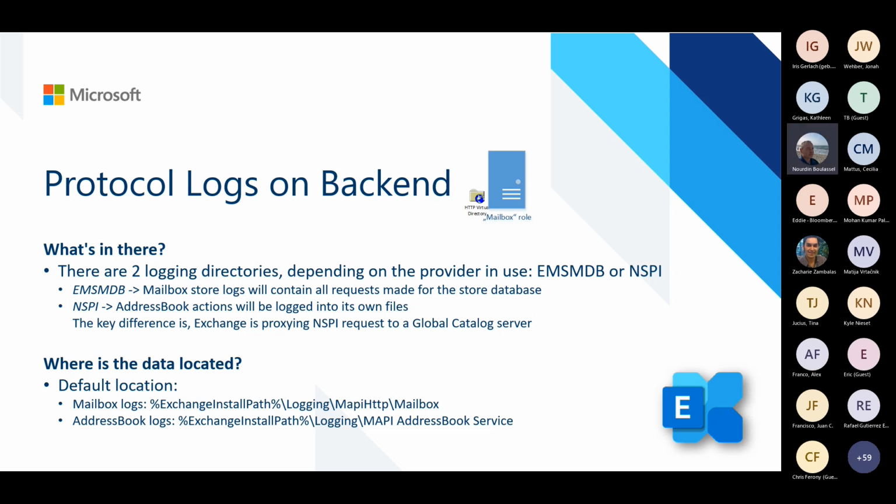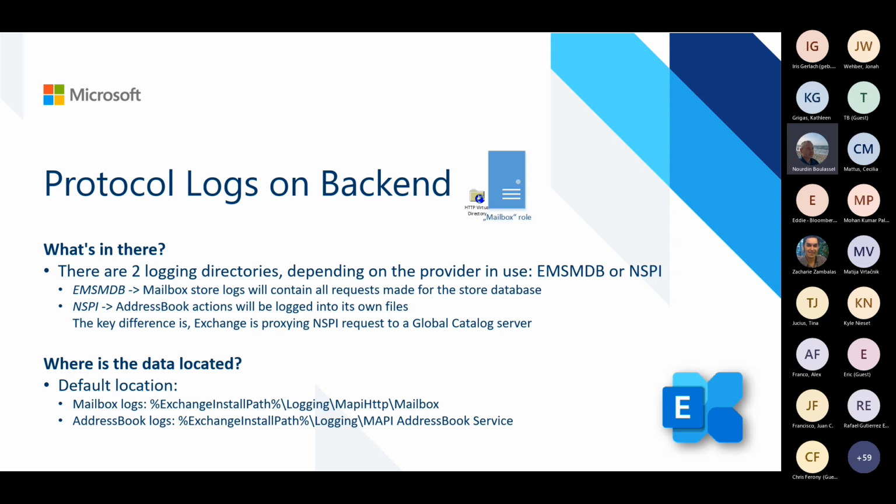Now for MapiHttp, we have two different log locations here. EMSMDB for mailbox goes into Logging MapiHttp Mailbox, whereas address book goes into Logging MAPI Address Book Service. And note that from here on, that's the latest point where Exchange is handling incoming requests as an HTTP stream.